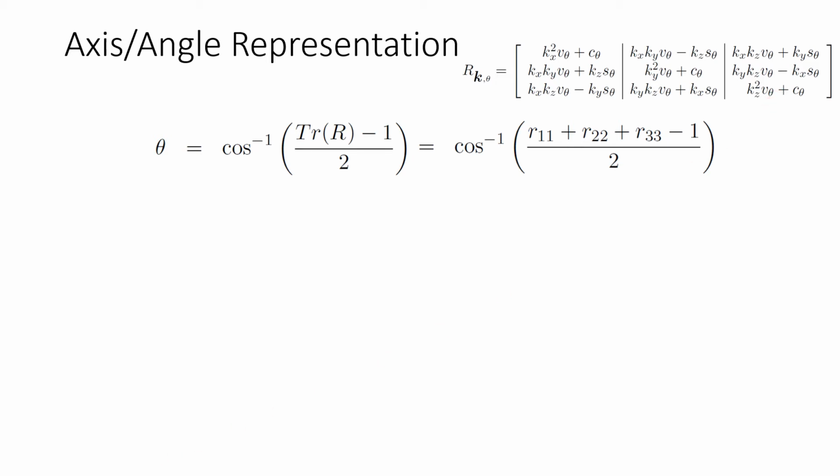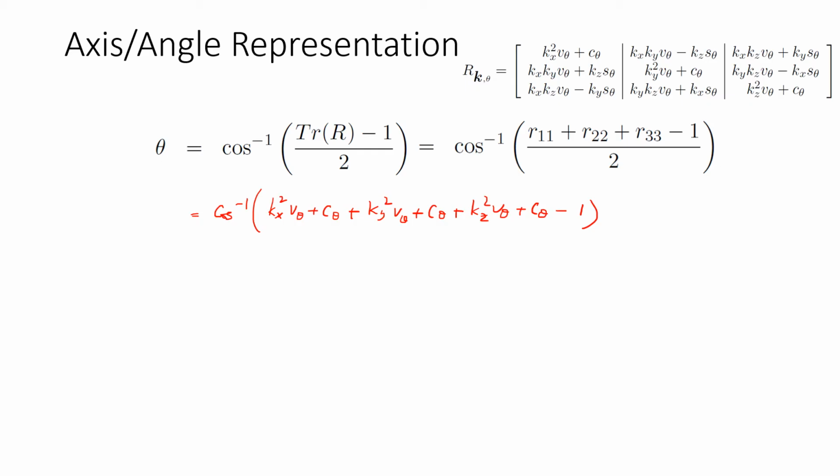So let's try to see what is that. That would be equal to cos inverse of R11, which is kx squared v of theta plus cos of theta, plus ky squared v of theta plus cos of theta, plus kz squared v of theta plus cos of theta. This is the trace, minus 1, whole over 2.